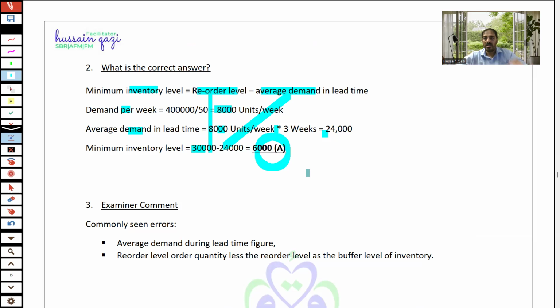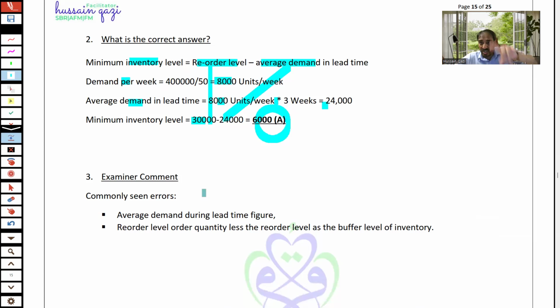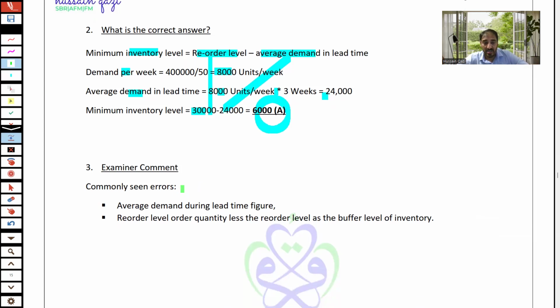The answer is 6,000. Now considering the examiner report, when I diagnose the examiner report, the examiner mentioned for this OTQ that past students made common errors you need to focus on: the average demand during lead time figure.